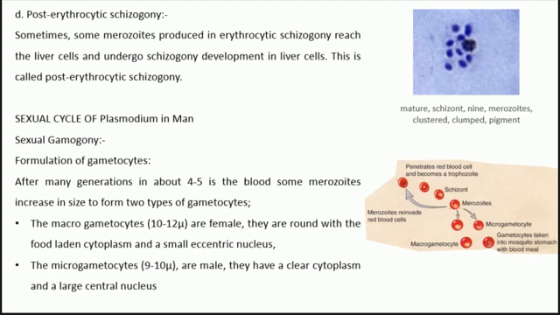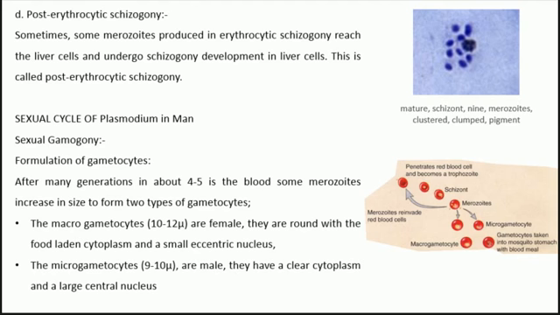This is the end of the asexual cycle, in which we have seen the pre-erythrocytic cycle, exoerythrocytic cycle, erythrocytic cycle, and post-erythrocytic cycle.